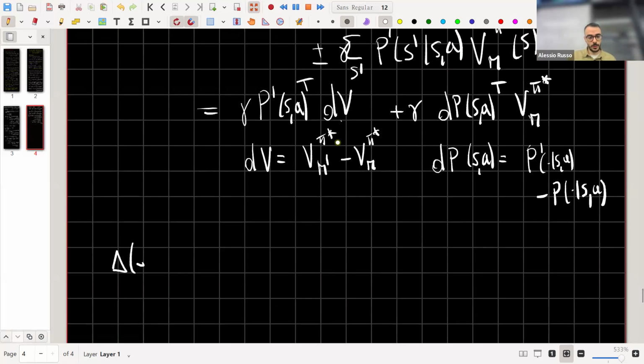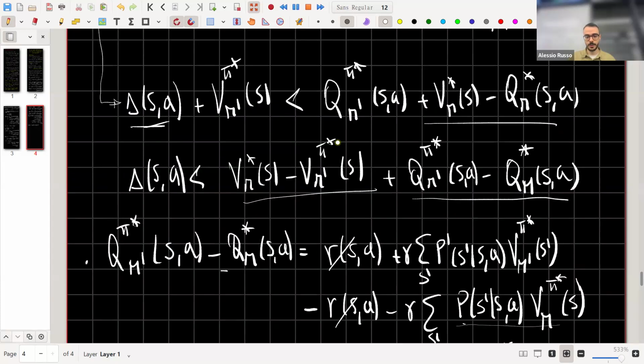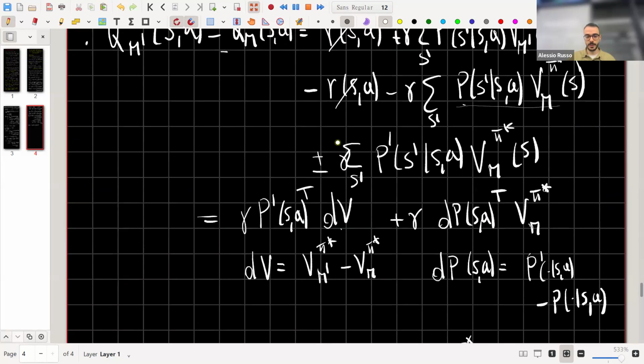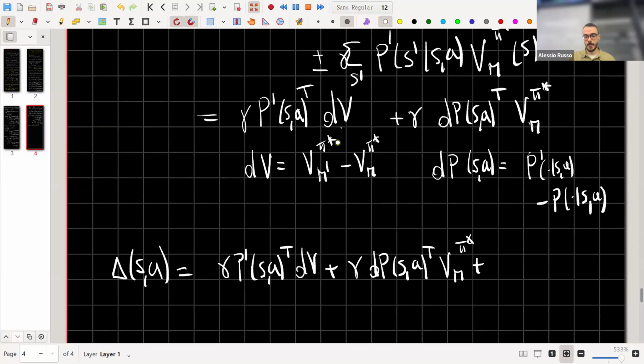So the original inequality becomes gamma P prime S A transpose dV plus gamma dP S A transpose V M pi star. And then we also add the difference of values, this difference. But what is that difference? It's minus dV. So this was V M minus V M prime, and dV is defined as V M prime minus V M. So we can do minus e_S transpose dV.